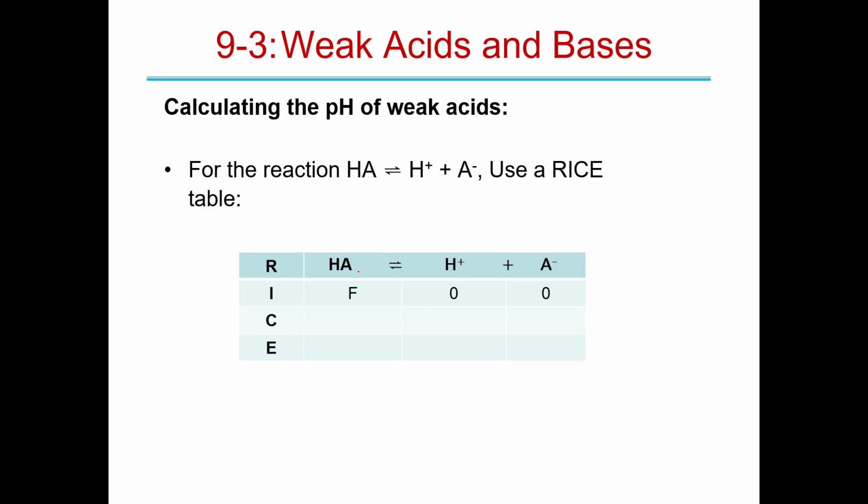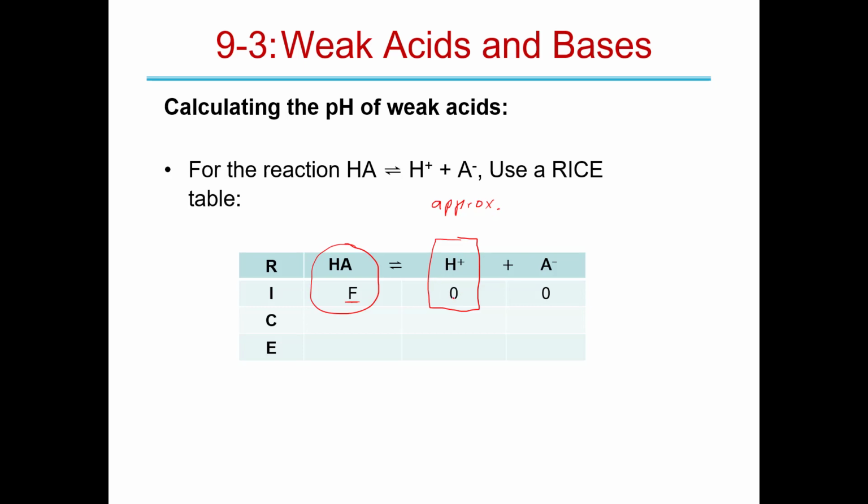So for our RICE table, we write down our initial reaction, the acid dissociation reaction. So initially, before anything is dissociated, our HA concentration is just the formal concentration, F, whatever it happens to be. So before any of it has dissociated, we have 0 moles per liter of H plus in our solution. But I want to remind you that this is an approximation, because in fact we do have some H plus in our solution because of the autoionization of water.